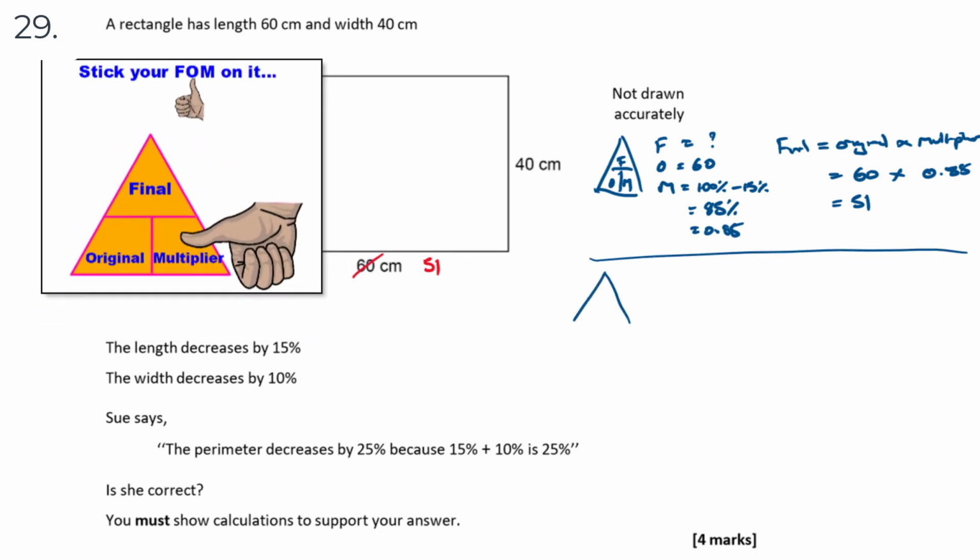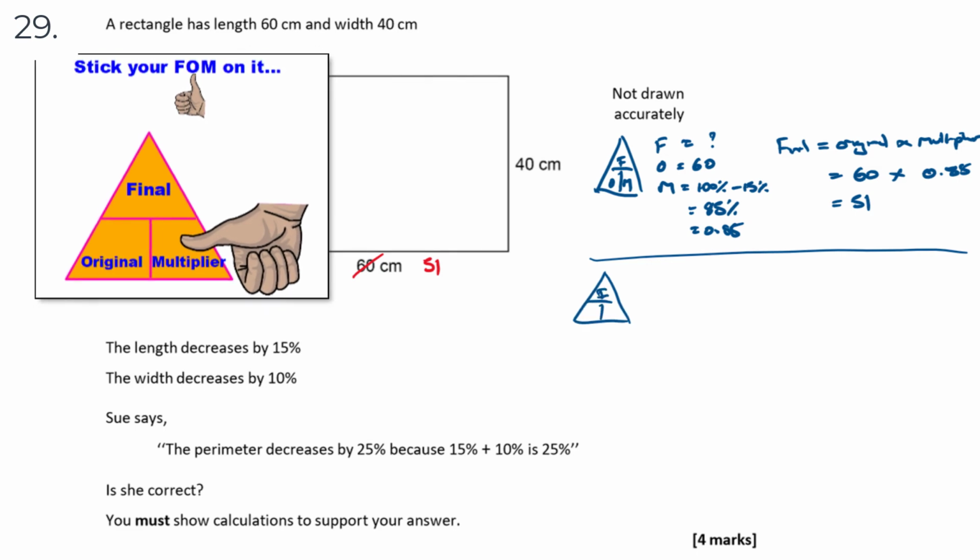So again, same thing: final, original, multiplier, FOM, stick a thumb on it. Still finding the final. My original now is 40. My multiplier, what's that then? The width decreases by 10%. So what's 100% minus 10%? That'd be 90%, which as a multiplier is 0.9, isn't it?